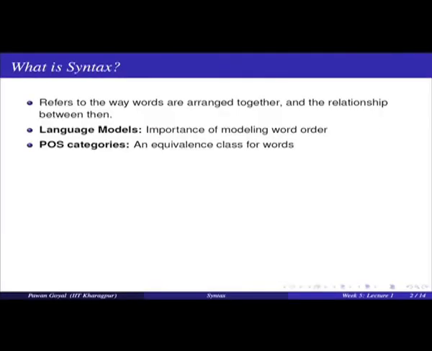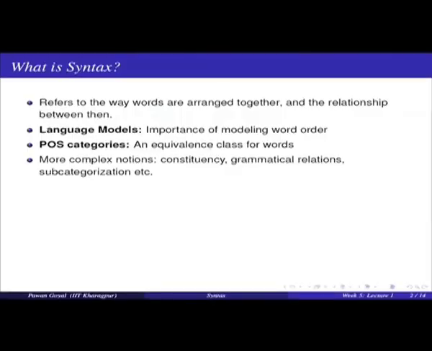Similarly, when we were talking about part of speech tags, we saw the grammatical categories. This defines a sort of equivalence class for words. That is, all these words behave like verbs, in some equivalent manner. Similarly, all these words are nouns, they behave in some equivalent manner.